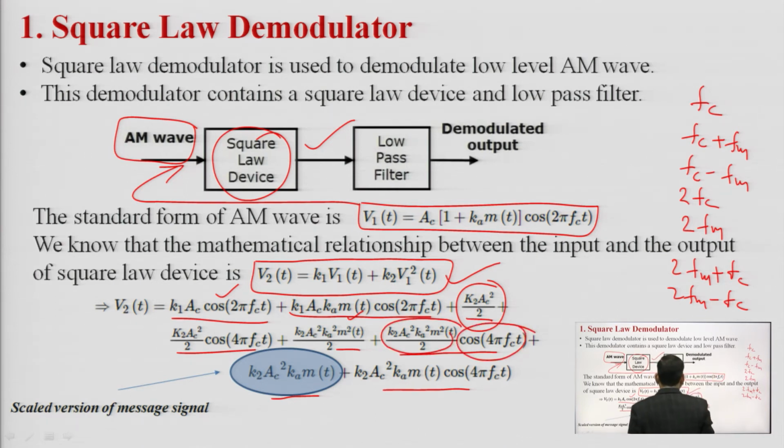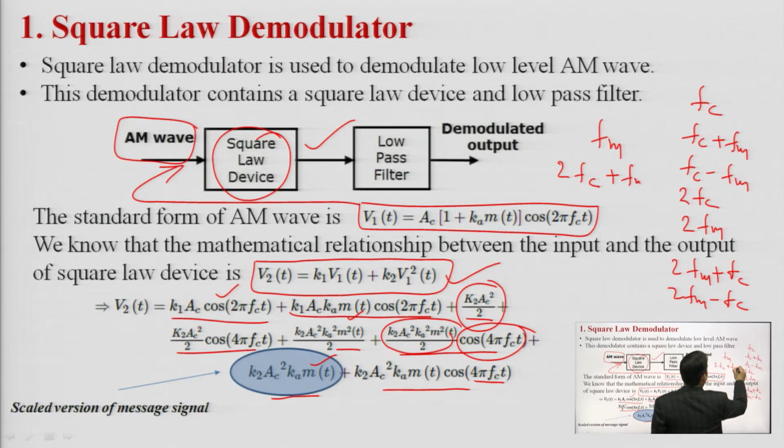In the next term we have m(t), so only the frequency Fm. From the last term we have 2 times Fc plus Fm and 2 times Fc minus Fm.